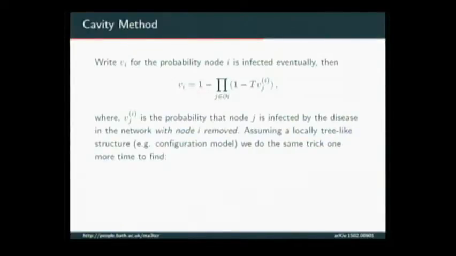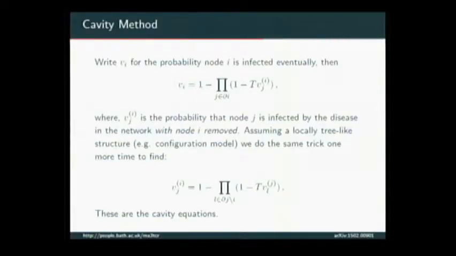But then you do this kind of hand-wavy thing that can be justified for the limit of large networks that have a tree-like structure, so things like Erdős-Rényi or the configuration model or whatever. Then you can do the same trick once more and find a closed system of equations. So we say, I wrote my vulnerability as a function of the chance of my friends getting sick but not involving me, and I want to now have an expression for that.